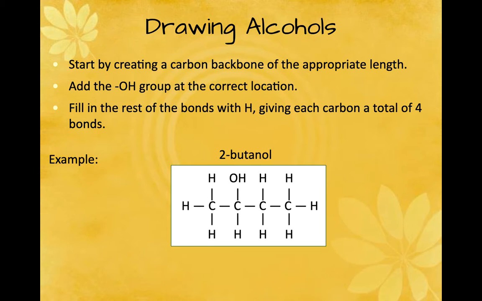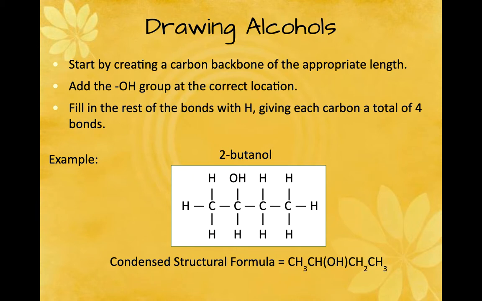You can also give the structure using a condensed structural formula. If we break that down, the first part has a C bonded to 3 H's, so that's CH3. Then we've got C bonded to an H and an OH, so we write that as CH and then OH in brackets.